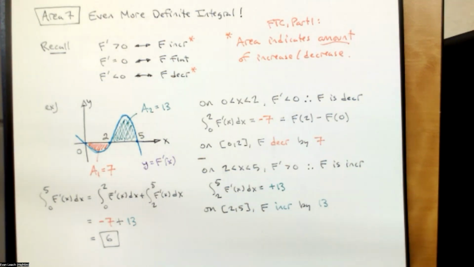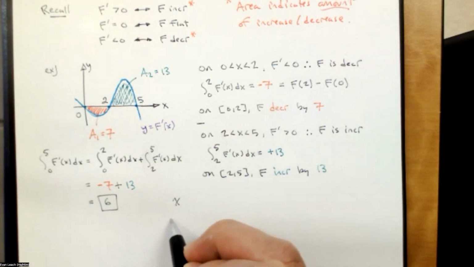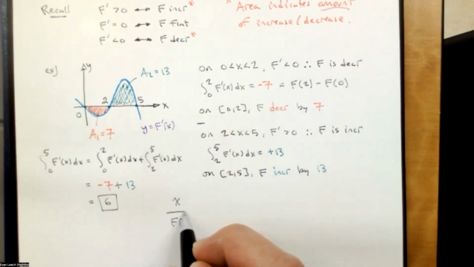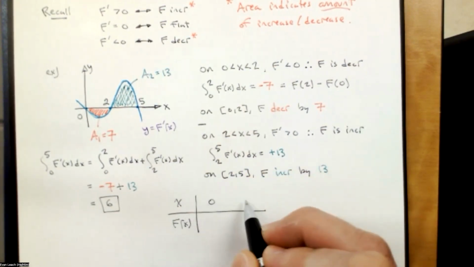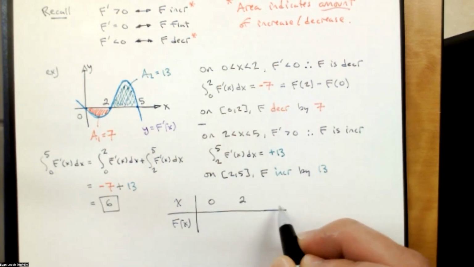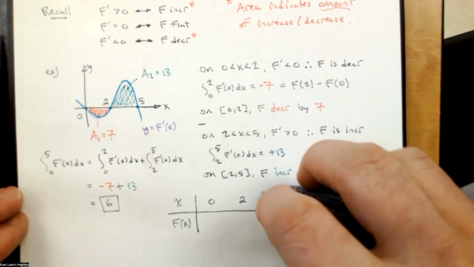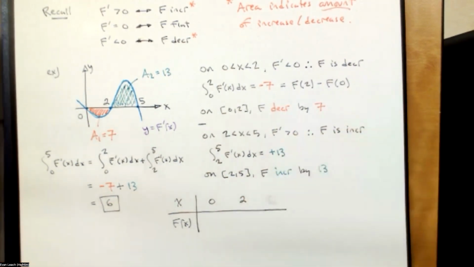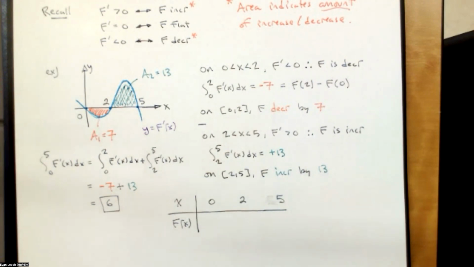If we think of this in terms of a table of values, we only know how things are changing.